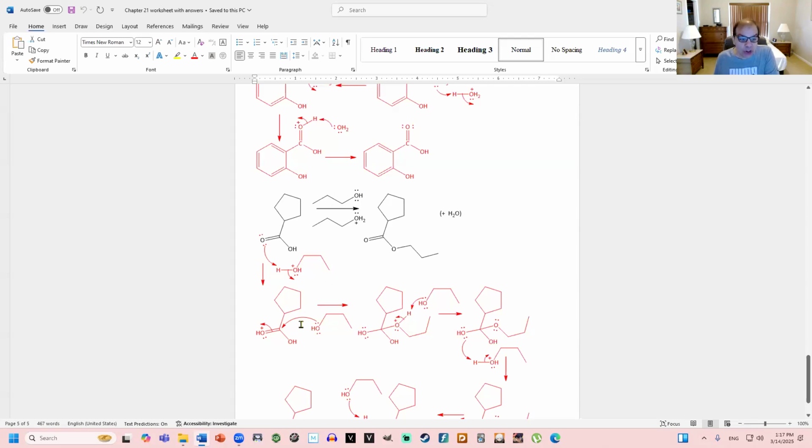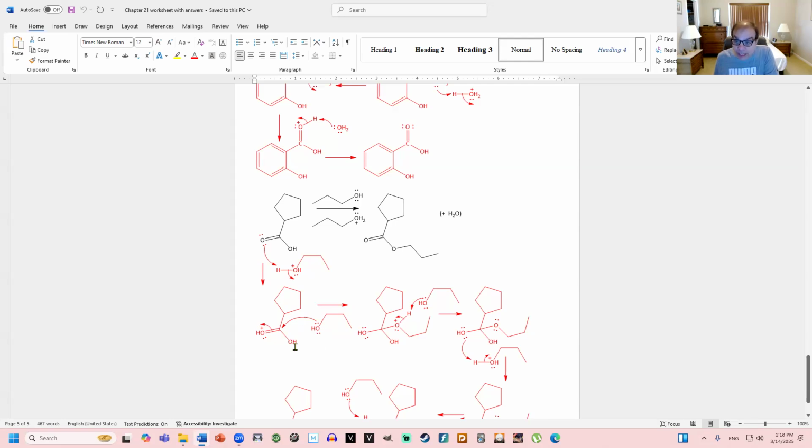So we show the alcohol with one of its lone pairs on oxygen attacking that carbonyl carbon. We break the carbon-oxygen pi bond as always and put the electrons onto the oxygen nucleus and get rid of the plus charge. Notice I'm showing a neutral free alcohol here. I'm not showing O-.